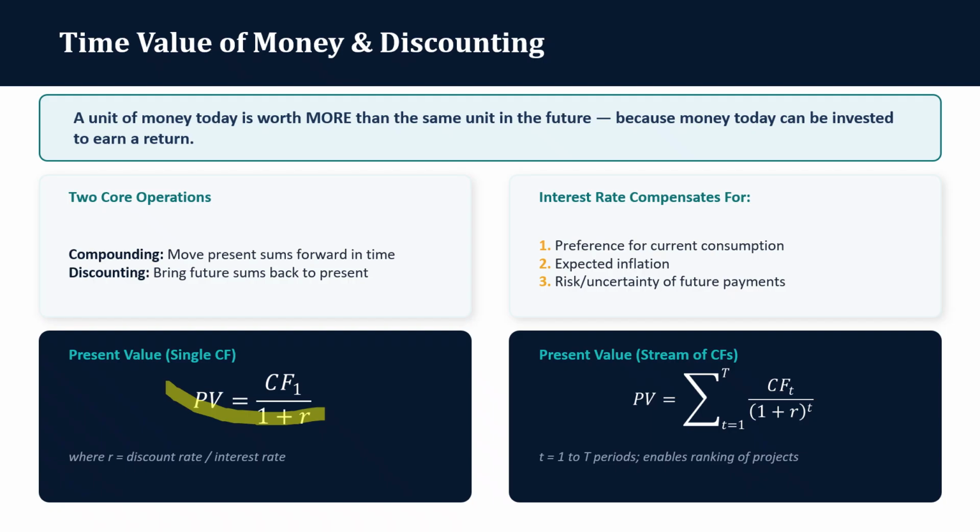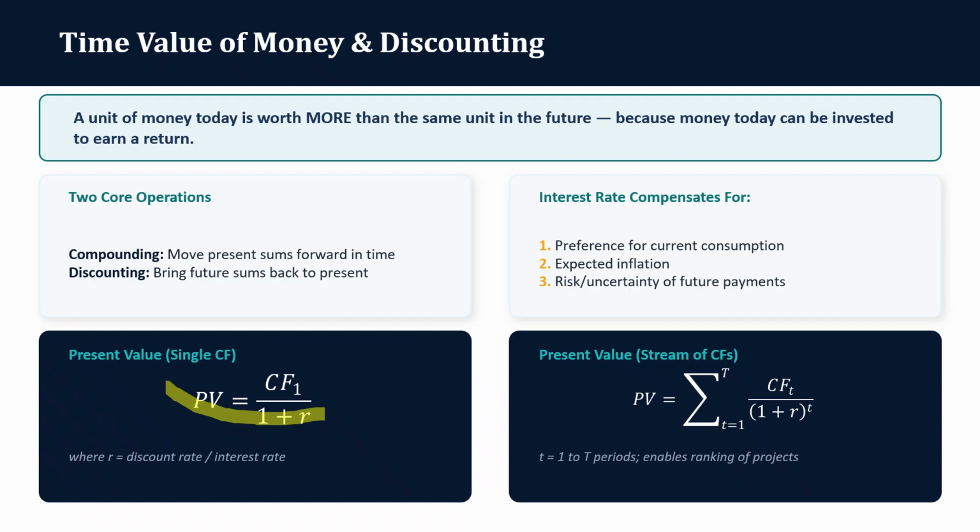Now, if there is a stream of cash flows over several periods, say from time 1 to time capital T, this present value is given by this formula, which you can see is a summation of CF T divided by 1 plus R to the power T. So you discount each cash flow back to today and then add them all up.